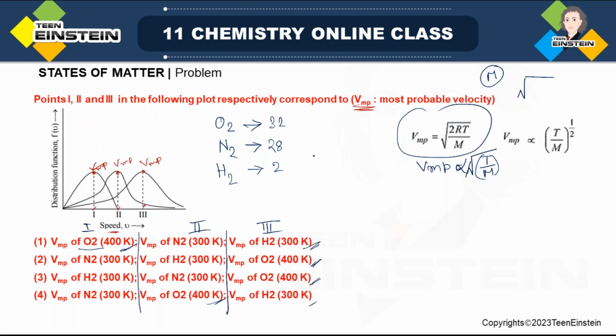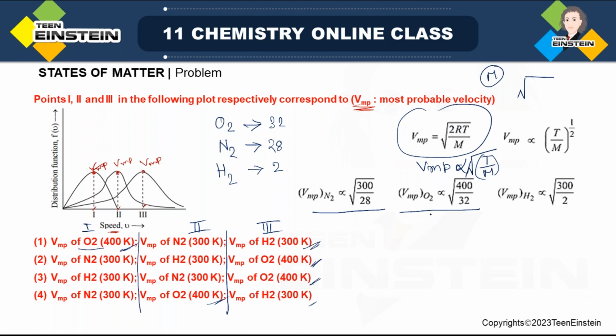All are diatomic. And for oxygen, how will we calculate this T by M ratio? It will be 400 divided by 32. For nitrogen, it will be 300 divided by 28. And for hydrogen also, it is proportional to 300 by 2. Now, if you simplify all these, you will get different values.